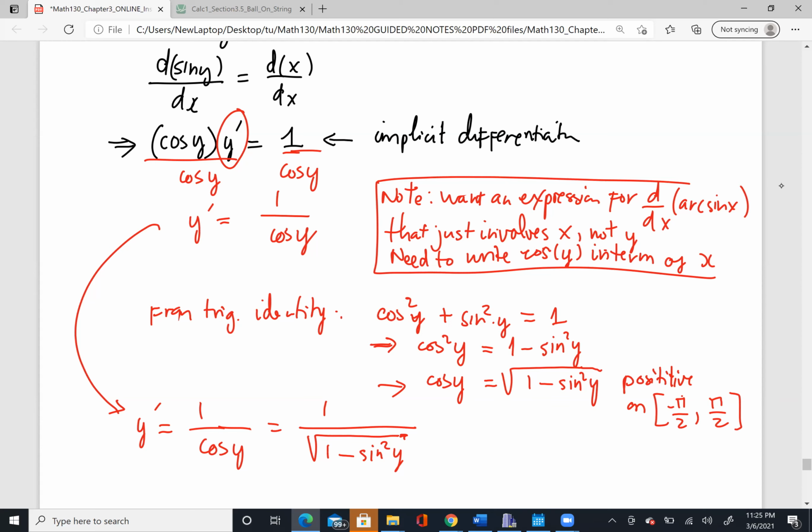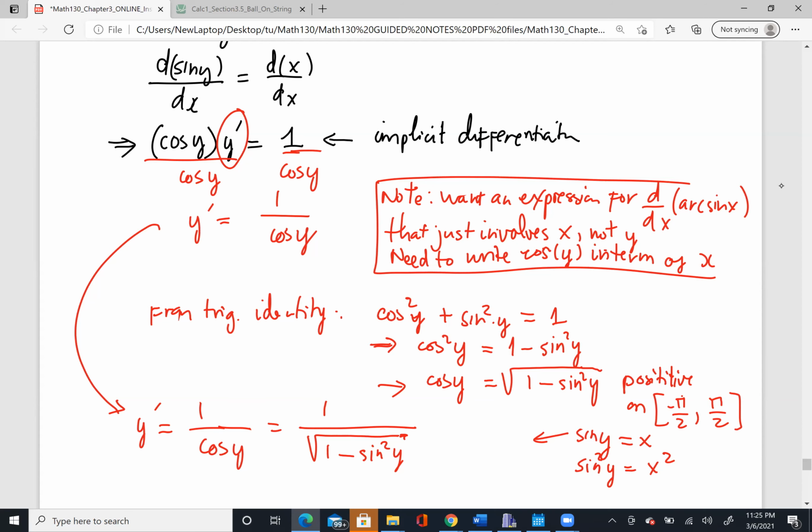And remember that sine y is equal to x. So then you have sine squared y equal to x squared.